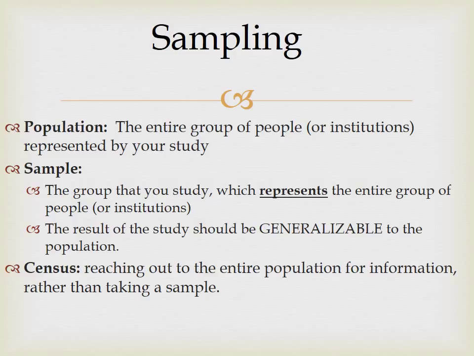So there's always a population in mind, and when you take a small group of that population and you study them, that's a sample. When you aim to speak to or address or research the entire population, we call that a census. Now, in most cases, a census is entirely unrealistic, that it's just unfathomable that you could reach the entire population.